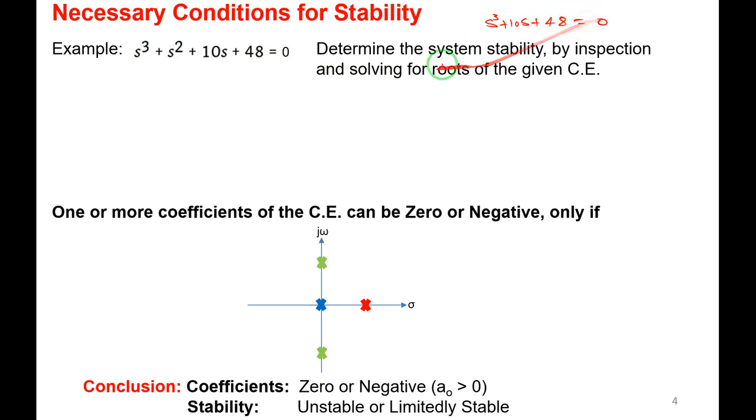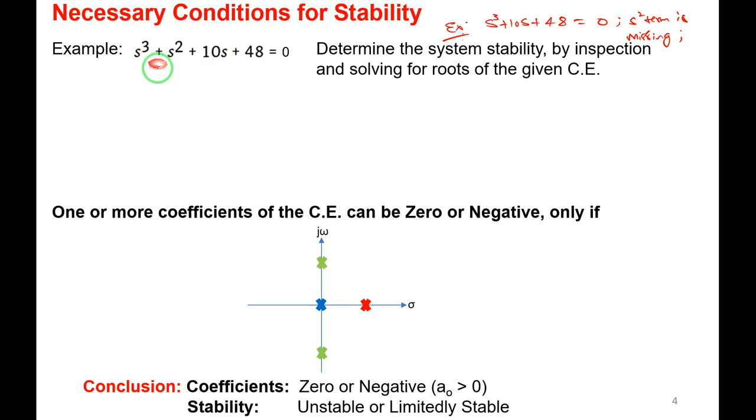Just observe, the s square term is missing here, and the coefficient of the s square term is 0. So it is not satisfying the necessary condition. Hence, I will say that the given system is unstable, right?